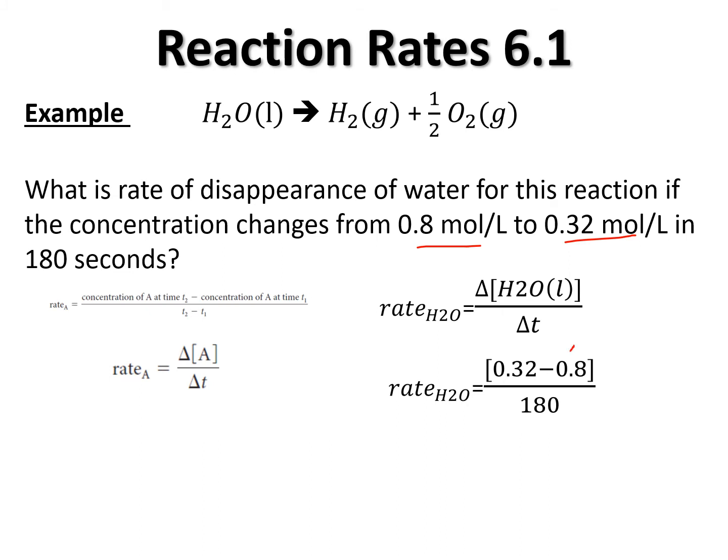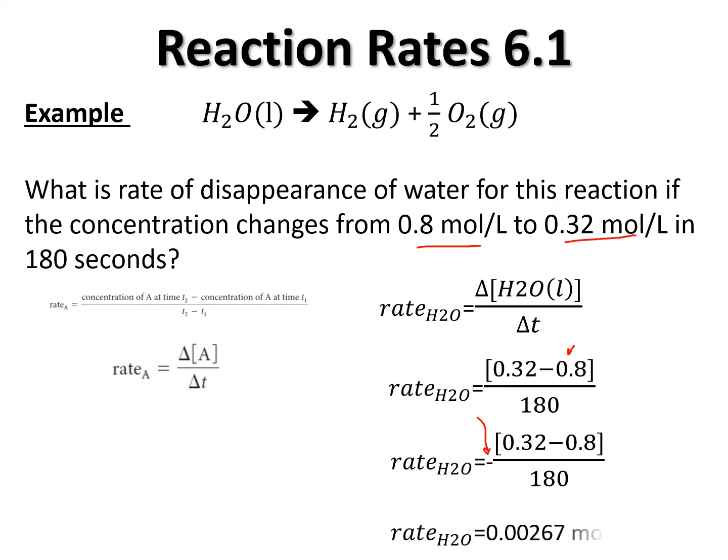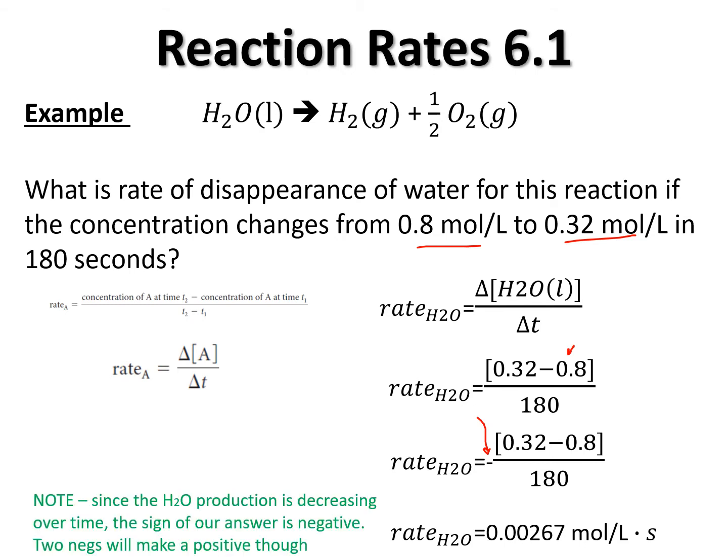Now, mathematically, we're going to get a negative up top here, and a negative isn't going to make much sense with respect to our disappearance of water. So another negative is inserted here, and two negatives are going to make a positive, so we get a positive answer. These rates, everything has to be positive. Whether things are appearing or disappearing, it needs to be positive, so just be wary of that.